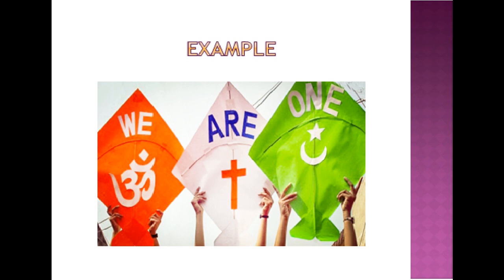When the British ruled our country, they had a policy called divide and rule. They made a division between people belonging to different religions, and the British were ruling the country. So what is happening? The people belonging to these religions are fighting with each other. And when they are fighting with each other, the British were taking advantage.